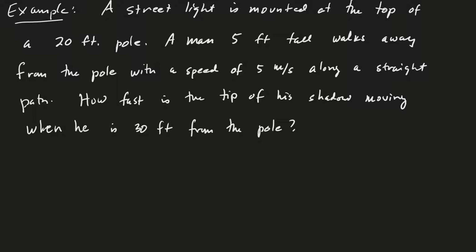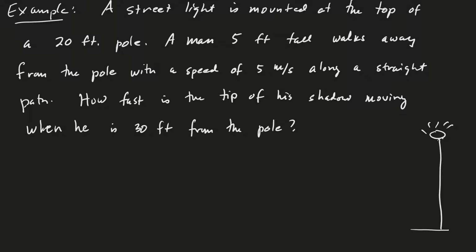Are you back? Let's go ahead and draw our picture. So here we have our street light, 20 feet tall, and here we have our person. It's probably not to scale. I better draw him a little bit bigger.